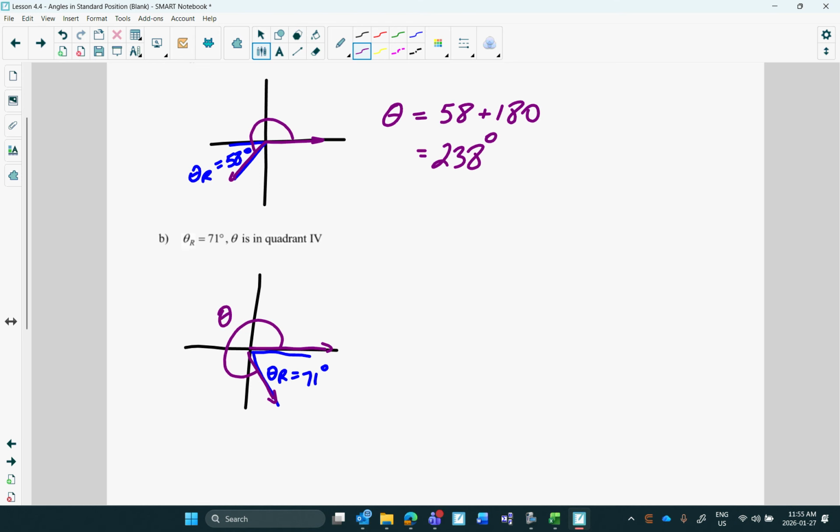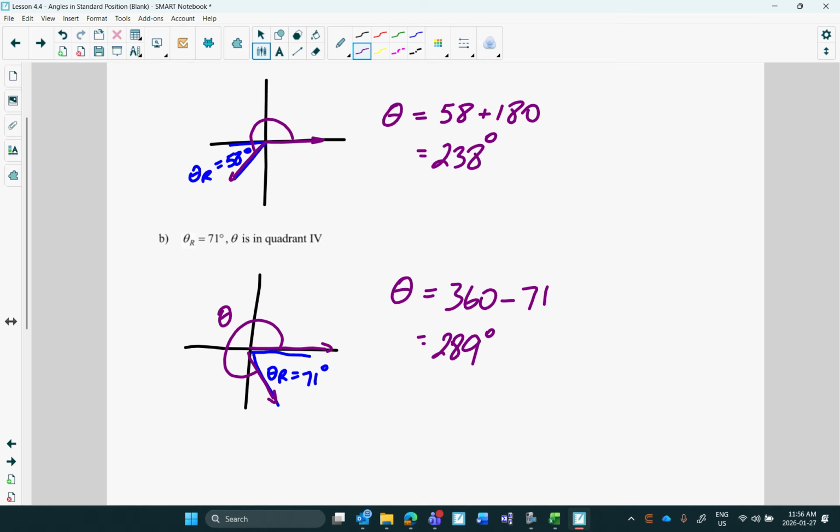How would I find it? 360 minus 71, and that gives us 289 degrees.